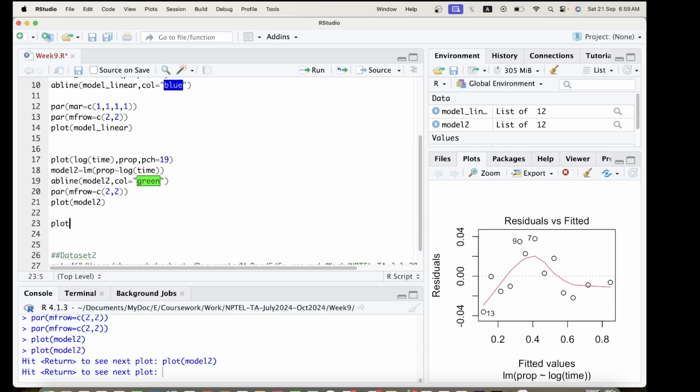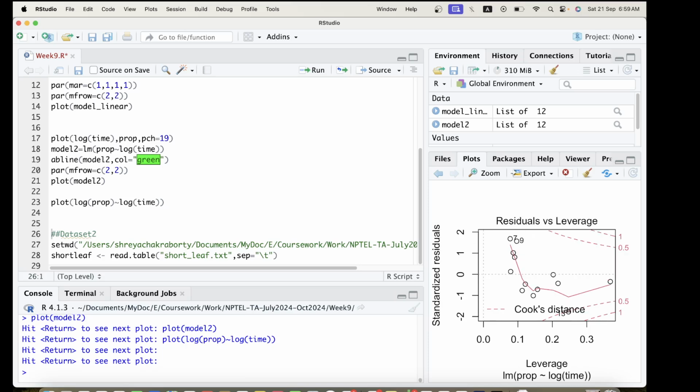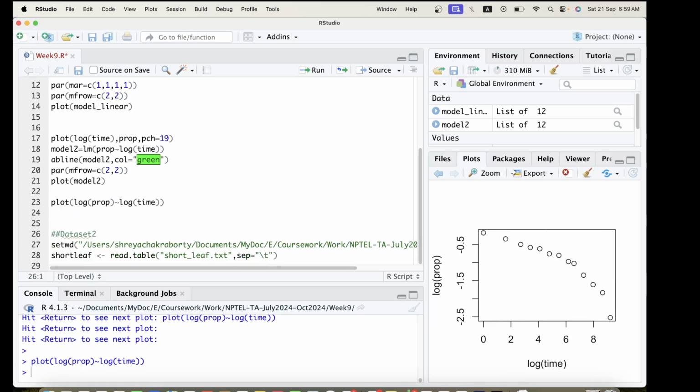We have to plot log of prop on log of time. But see, these are QQ plots which are coming, but this plot is also not a straight line.